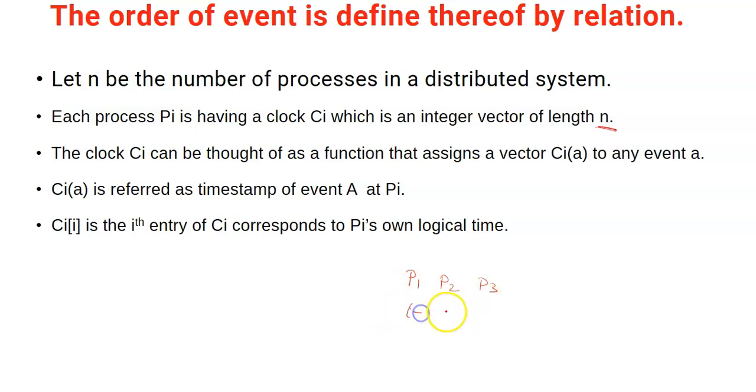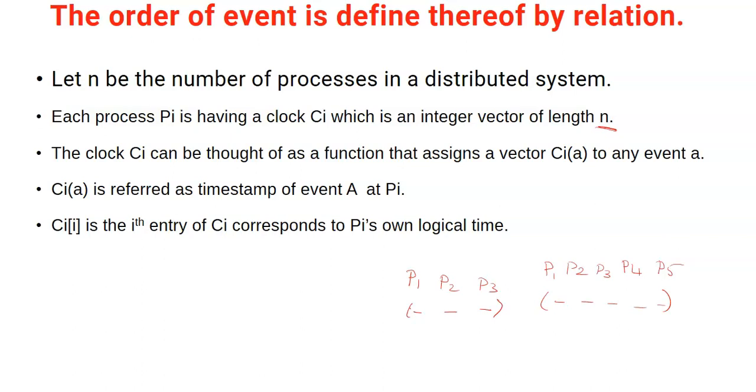One digit is for P1, the second digit represents P2, the third represents P3. If there are more processes, for example 5 processes, then the length of the vector will be 5. Each corresponds to every process.